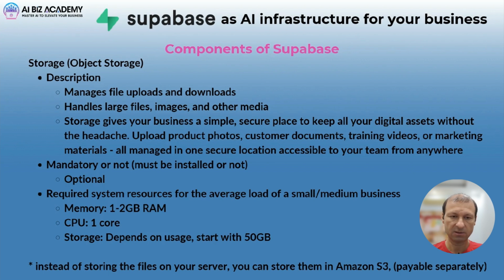By default, the files are stored on the same server as Supabase is installed, but as I mentioned, if you have an Amazon S3 paid subscription, you can use that to delegate the storage of the files.